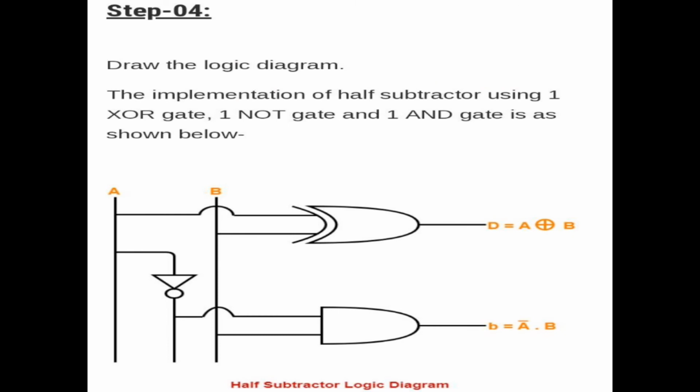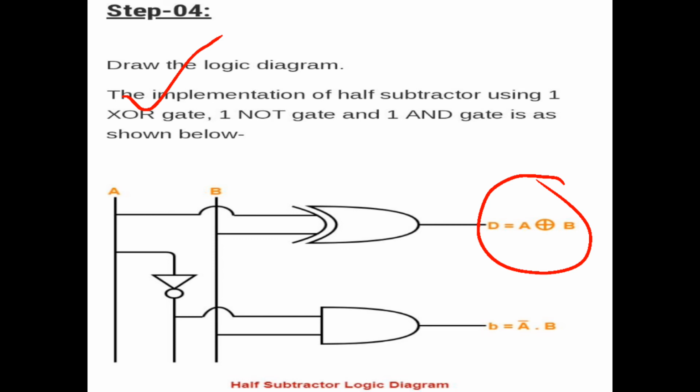The last step is the logic diagram, or how these Boolean expressions, for difference as well as for borrow, can be implemented logically using gates. For evaluating the difference with the expression A XOR B, that can simply be implemented by using a single XOR gate.